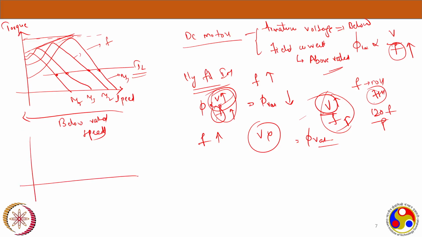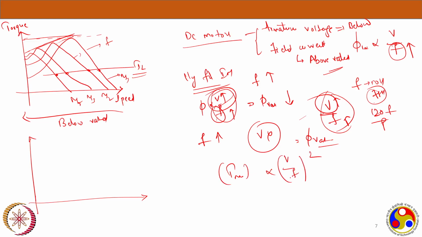So let's say I'm having this one. Now you know the T max is proportional to (V by F) whole square. Previously, below rated speed, we were trying to maintain this constant, but now it is not constant anymore. If your frequency increases by 2 times, your T max will go down drastically by 4 times, right?